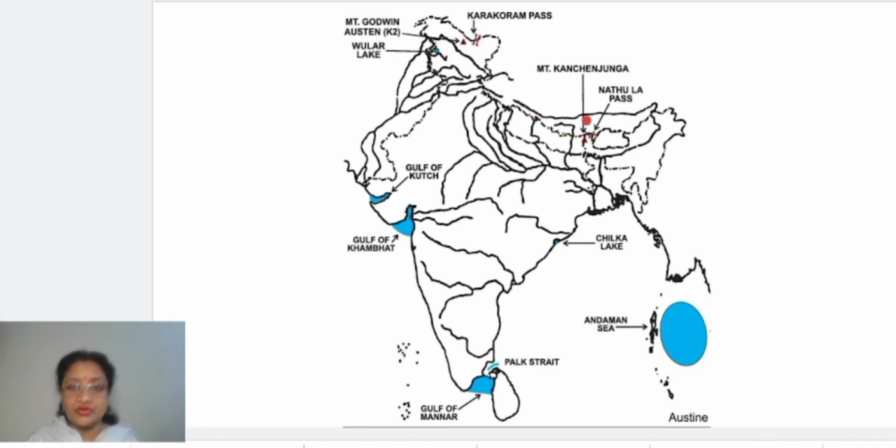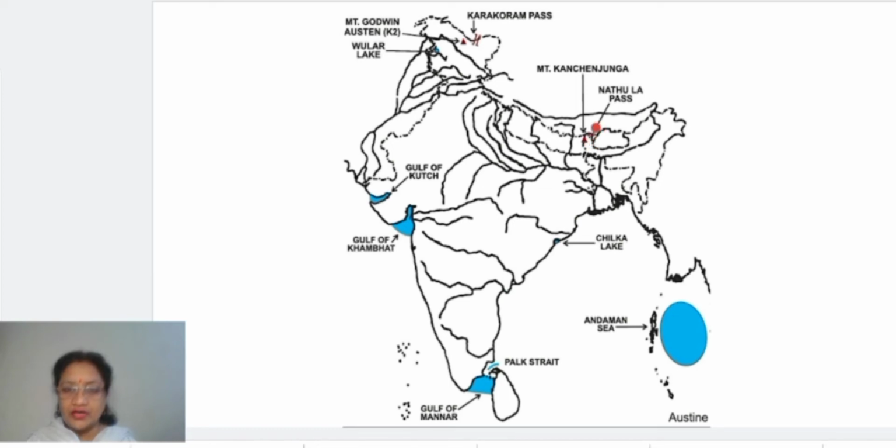What is it? You can see here Sikkim, right? This is the Sikkim part where I'm showing you the cursor. Now in Sikkim, and this is Bhutan, children. In between these, you will find there is a curved boundary of India, or you can say Sikkim, and the corner, the curved part of Sikkim, is the point where you have to mark Nathula Pass.